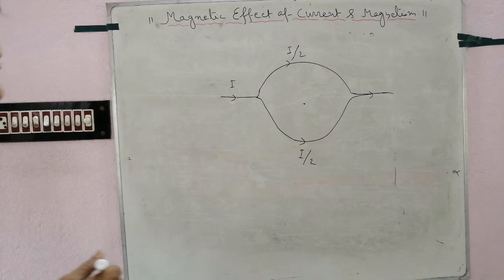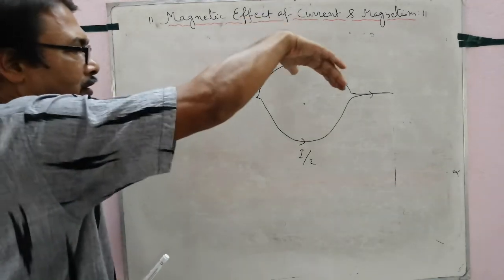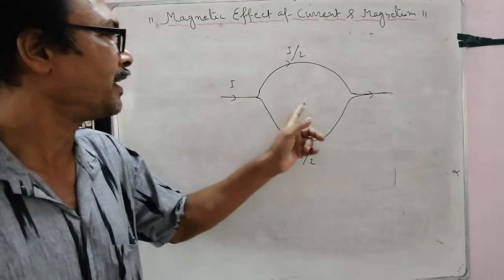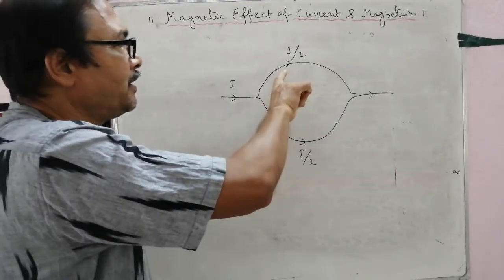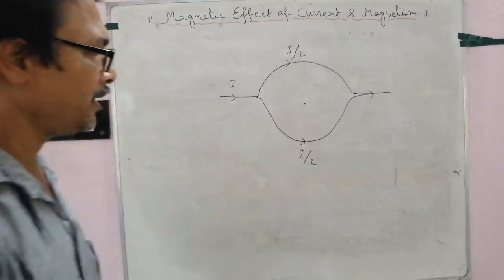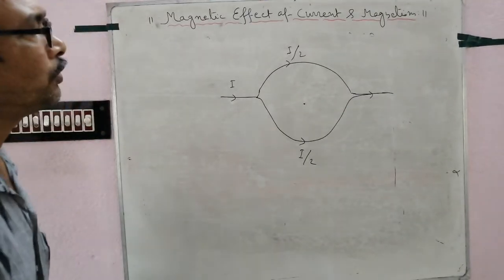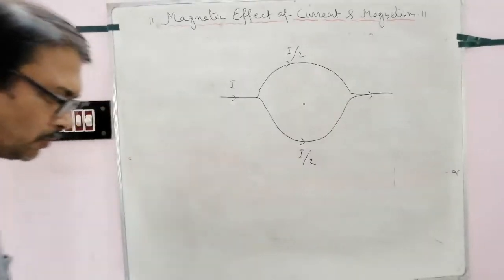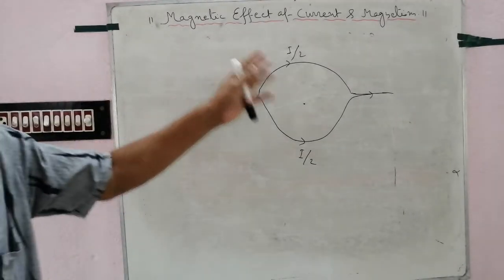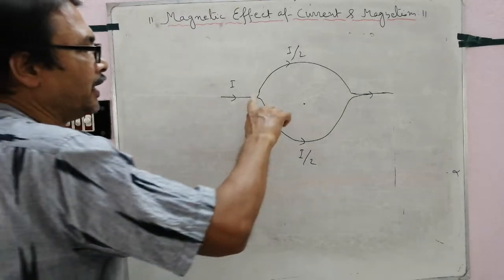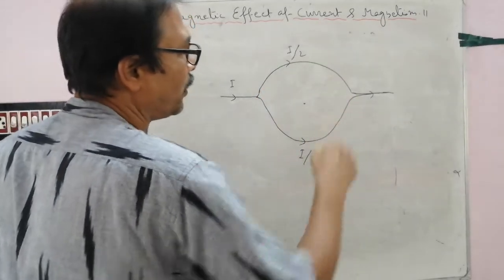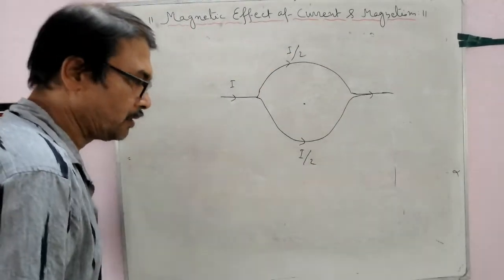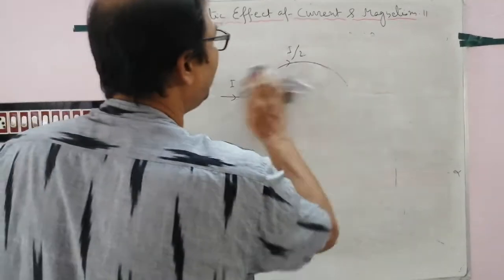What will be the magnetic field at the center? For this portion downward, for this portion upward. So no need to calculate, the result will be 0. For the same current, this wire and this wire are equal, so it will be 0. This is another problem. The length of the upper wire and the lower wire is the same, with the current I2, I2.